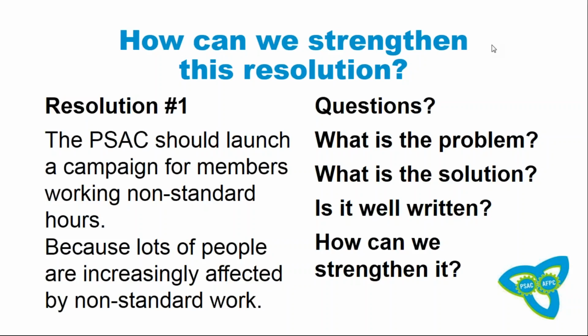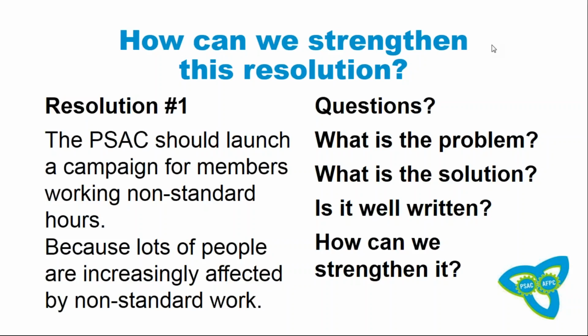Okay, so what about the solution? Can folks give me the solution that's in the resolution here as it reads? Okay, yeah, we have that the PSAC should launch a campaign raising awareness about the effects of precarious work. That's a great problem and solution identifying here.